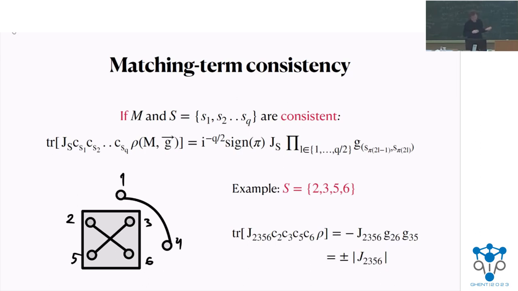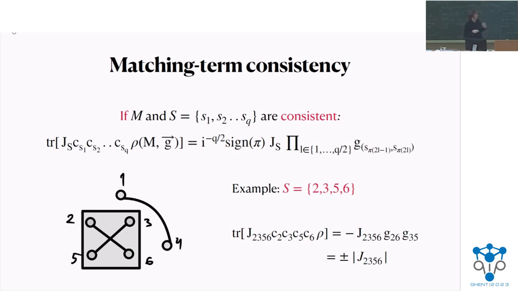And the nice thing is that if they're consistent, then the expectation value of this term with the state is just going to be a product of the weights of these particular links. There is some sign prefactor, but you shouldn't worry about that, and it's proportional to the J. Now the nice thing is that if we construct a state, we can pick our own g, right?